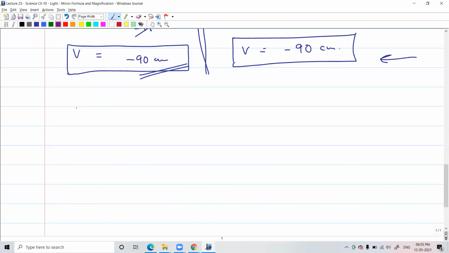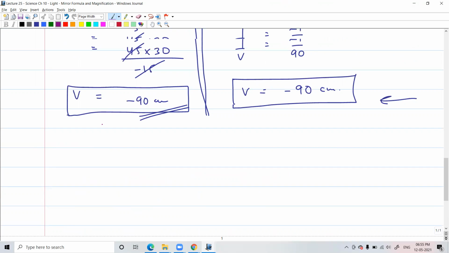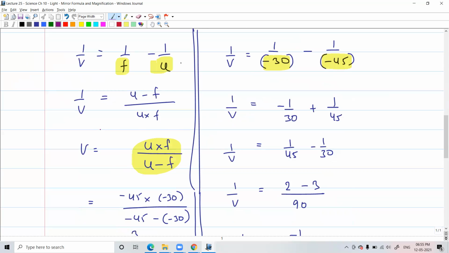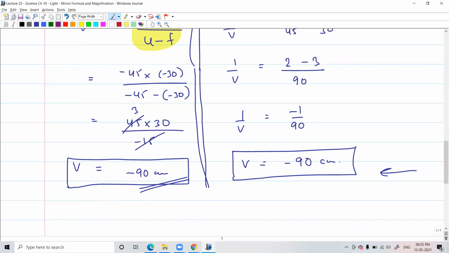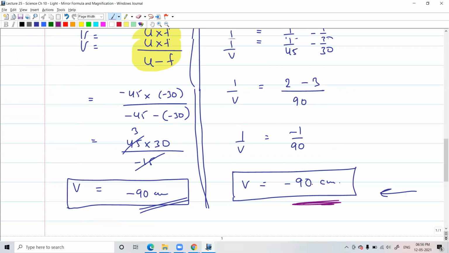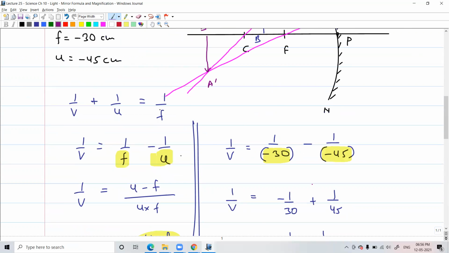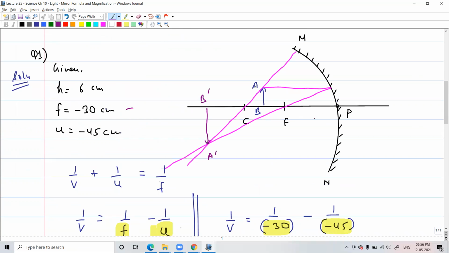But anyway, we have not still found out the H dash and magnification. So let's do that. Sir, I didn't understand how it is beyond C. We found this V is 90 centimeters, right? To the left. So we know that focal length is given 30. So from here to here, it is 30 centimeter. And you know that center of curvature is just double the distance.